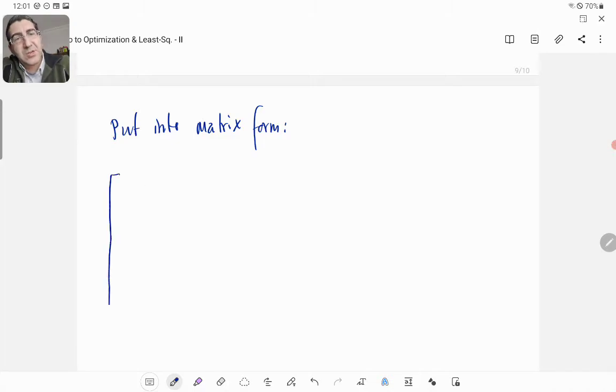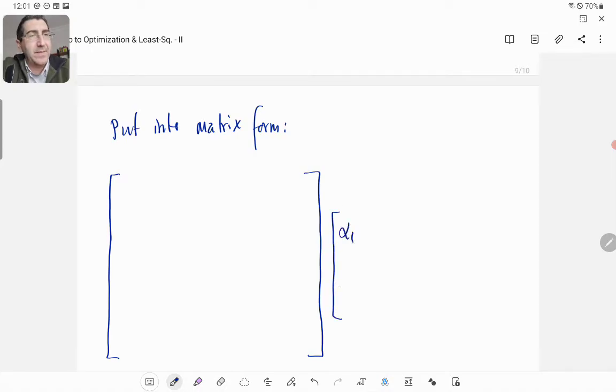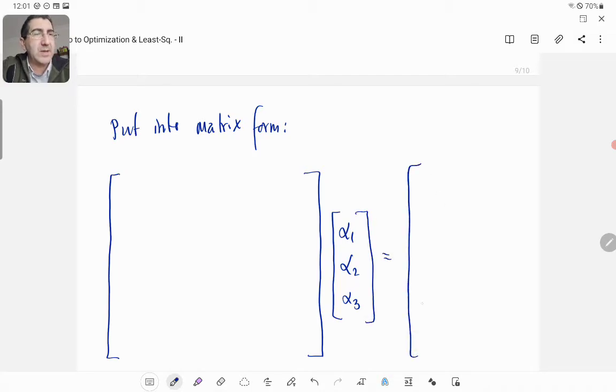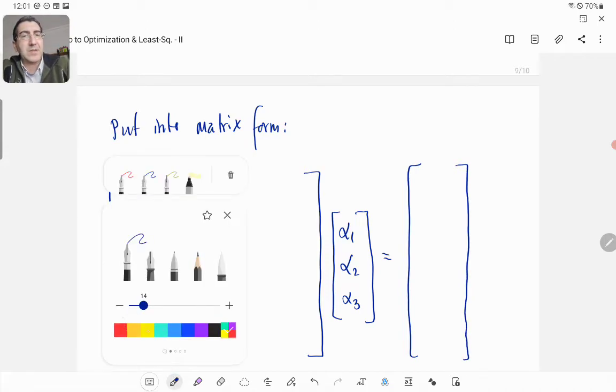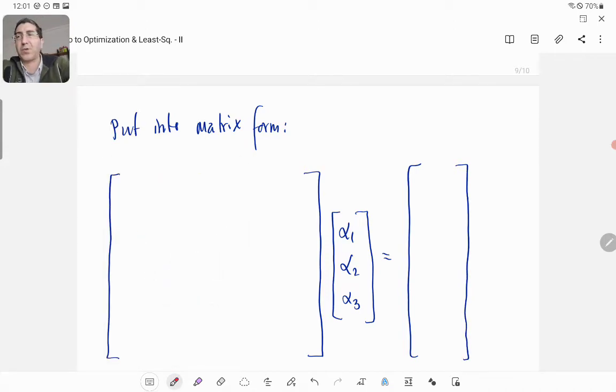It's a 3 by 3 matrix, although it's going to be quite a large one. I have alpha 1, alpha 2, alpha 3, and equals to another one over there. Let's change the color for the coefficients.